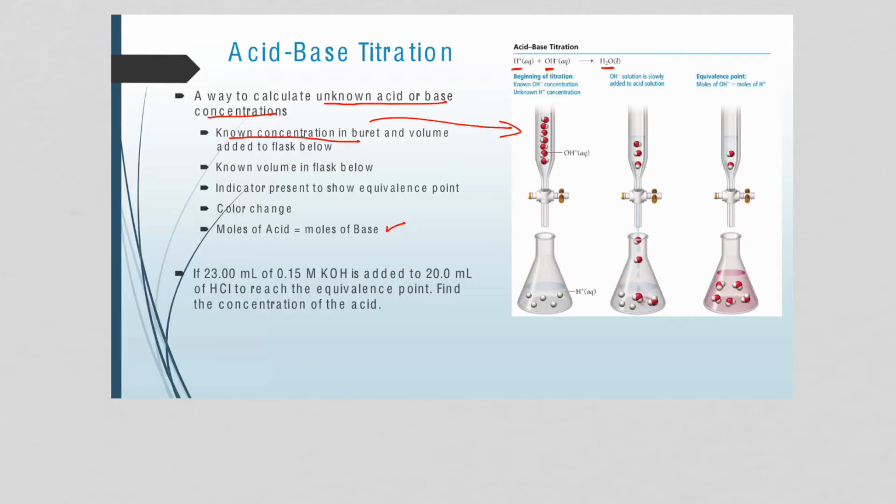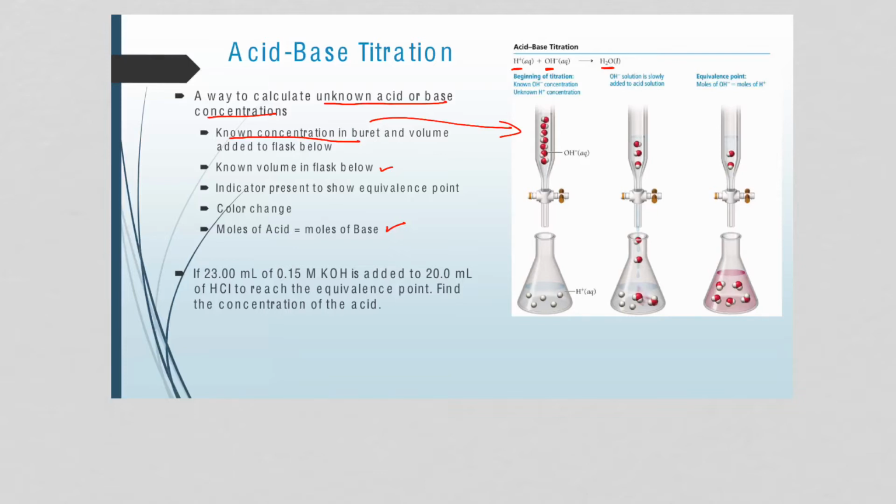So we know the concentration in the burette, and we know the volume below in the flask. And we're going to add what's in the burette, in this case our base, until we've added equal numbers of moles to the acid that we have.